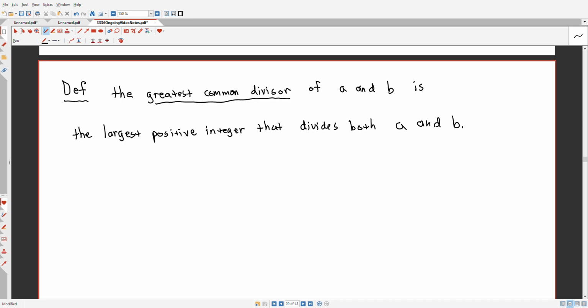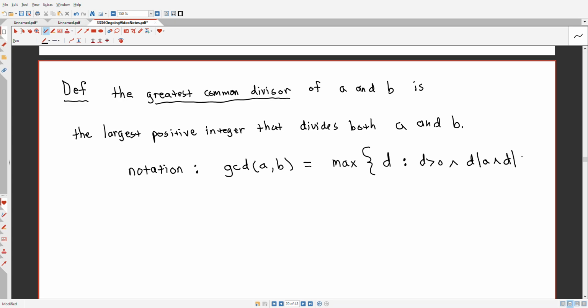And let me show you how to notate it. The notation for this thing, it's actually a pretty obvious notation. It's the GCD of a and b. And if you don't like writing things down in, say, English or natural language words, you can say this is the maximum of all the elements in this set, the maximum of all the integers d, such that d is positive and d divides a and d divides b.